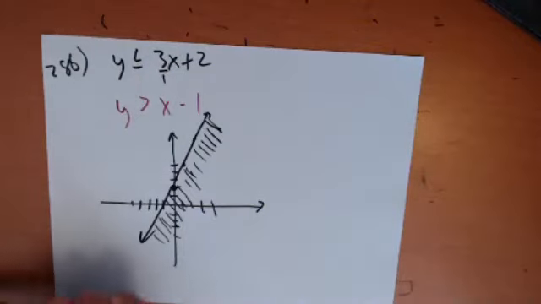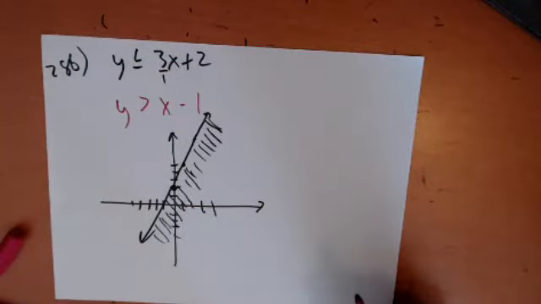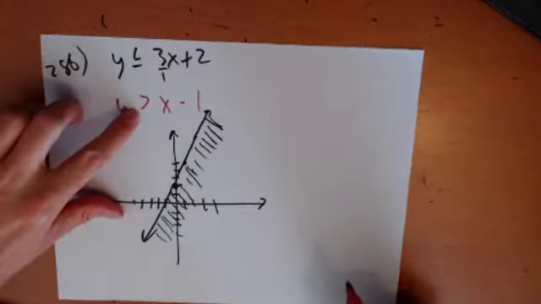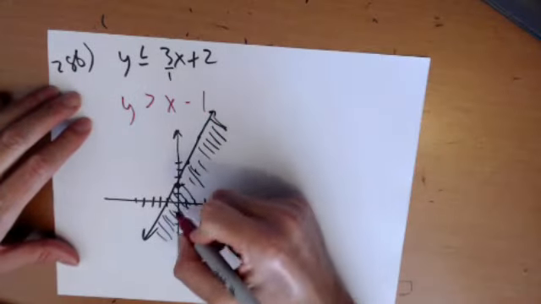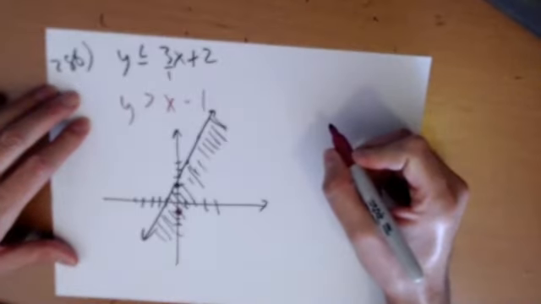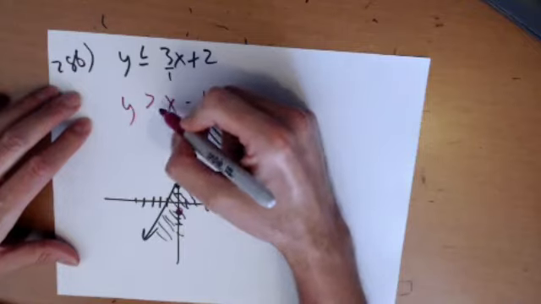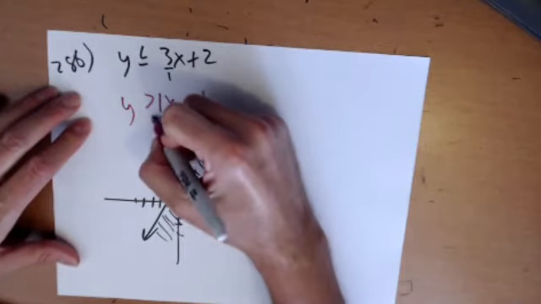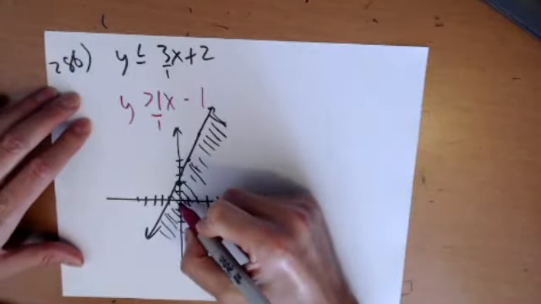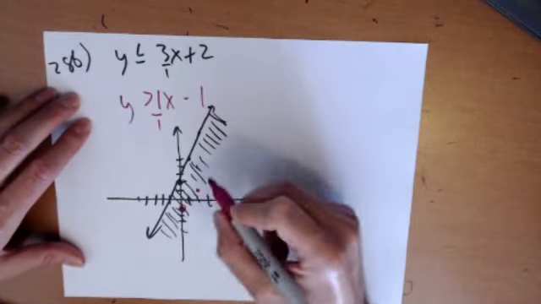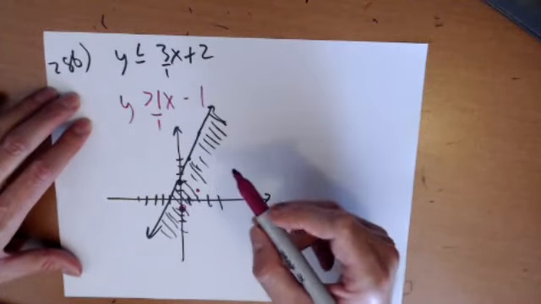Okay, now in the pink here we have y greater than x minus 1. So go to minus 1. Put a dot. That's your y-intercept. Slope of, there's nothing there, but it's technically a 1 over 1. Up 1 over 1. Up 1 over 1. Oy vey.